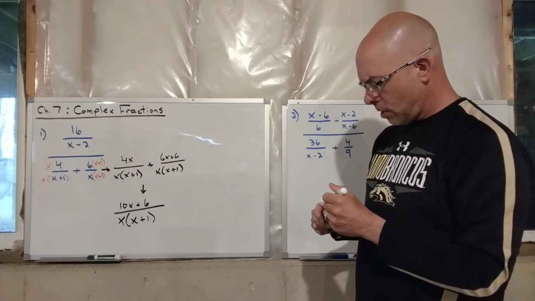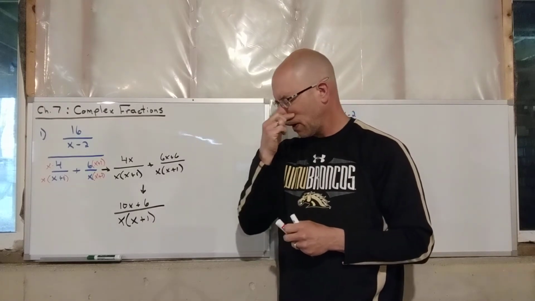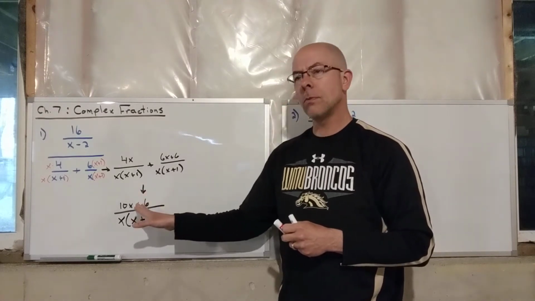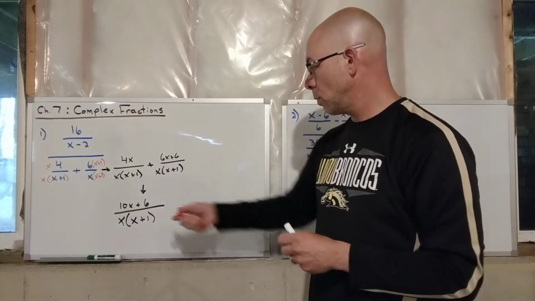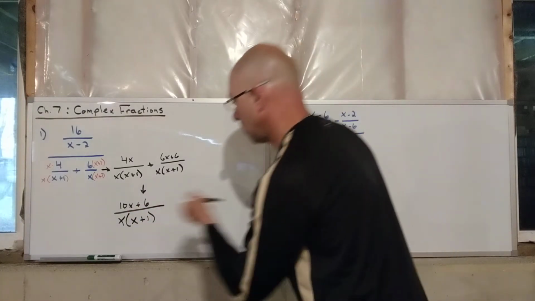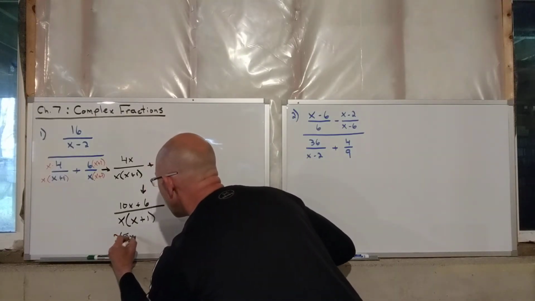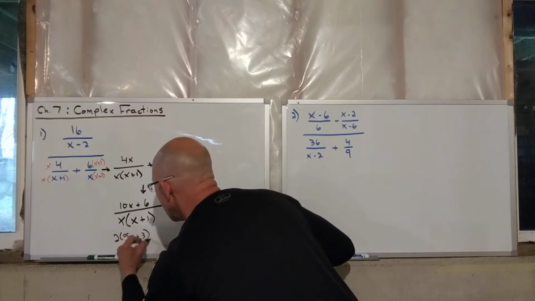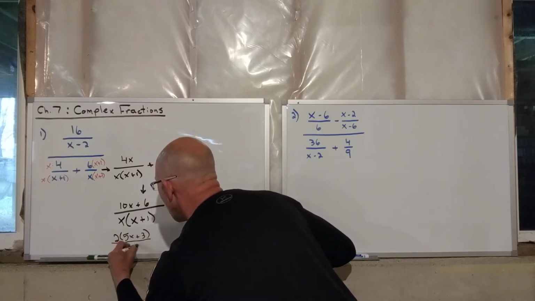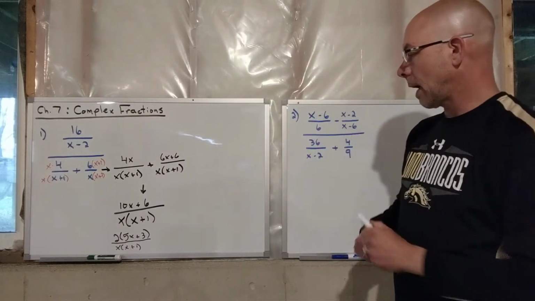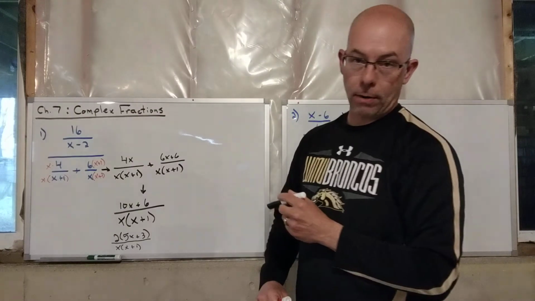And the last thing I need to do with that, just like within the last video, anytime we added fractions together, if there was any factoring to do before we called it final, do it. And this has a greatest common factor of 2, so I'm going to do that. So 2 times 5x plus 3 all over x times x plus 1. Okay, so this is the completed denominator.